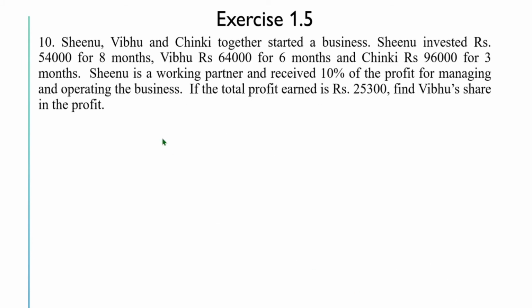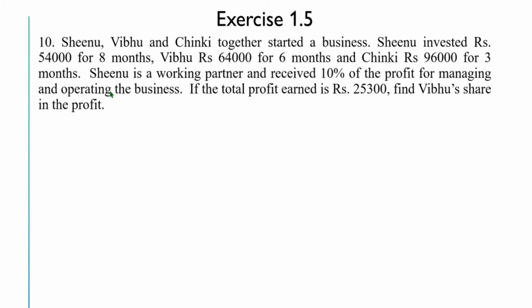The next question: Sheenu, Vibhu and Chinky together started a business. Sheenu invested rupees 54,000 for 8 months, Vibhu rupees 64,000 for 6 months, and Chinky rupees 96,000 for 3 months. Sheenu is a working partner and received 10% of the profit for managing and operating the business. If the total profit earned is rupees 25,300, find Vibhu's share in the profit.